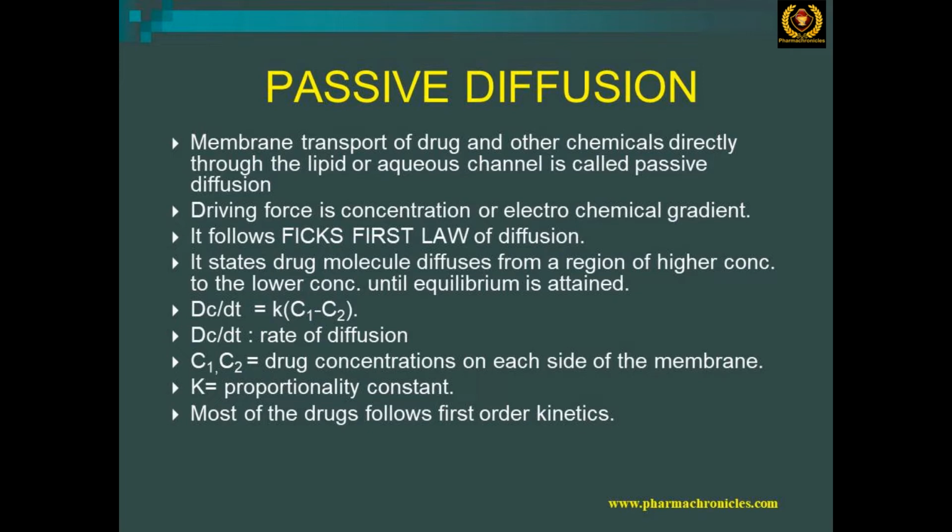It follows Fick's first law of diffusion, which states that drug molecules diffuse from a region of higher concentration to a lower concentration until equilibrium is attained. dC/dt equals K(C1 minus C2), where dC/dt is the rate of diffusion, C1 and C2 are drug concentrations on each side of the membrane, and K is a proportionality constant. Most drugs follow first-order kinetics.